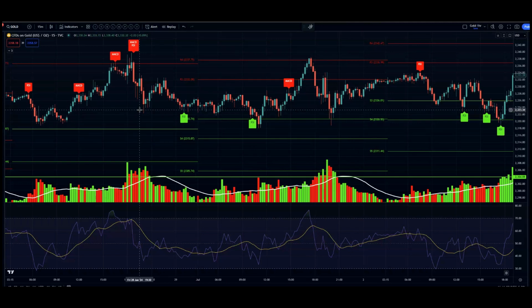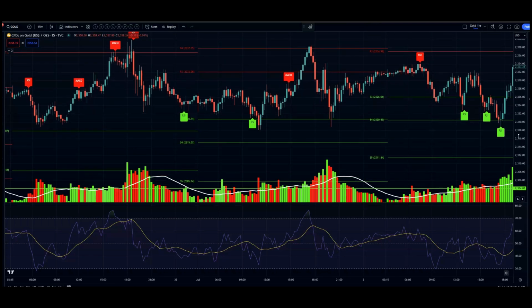Now it comes to how to implement it. The implementation is something we have found very hard in our strategies for a long time. So ideally, we are looking for prices to find support on the S3, S4, S5, or find resistance on the R3, R4, R5.